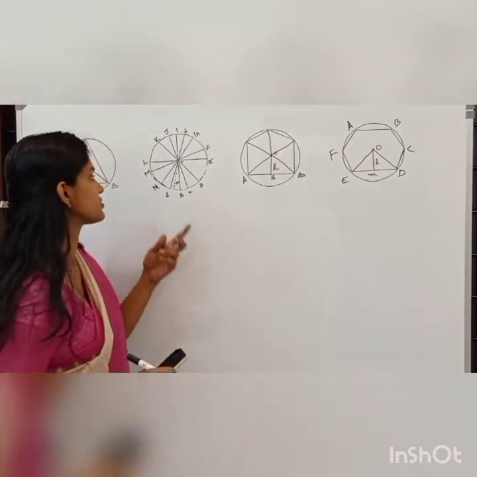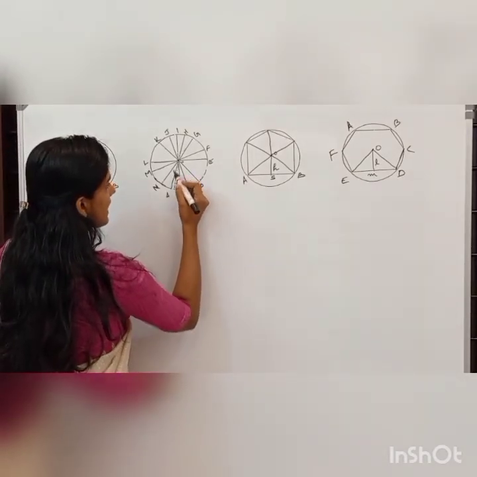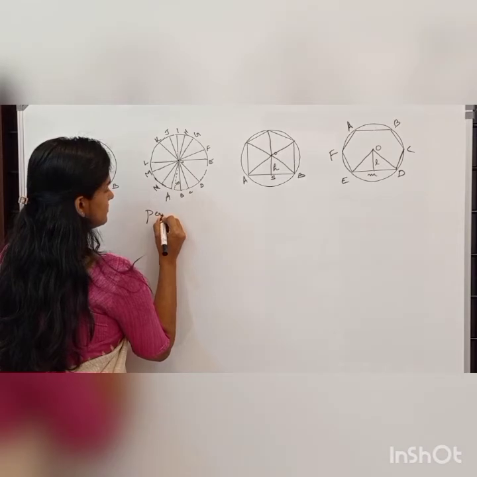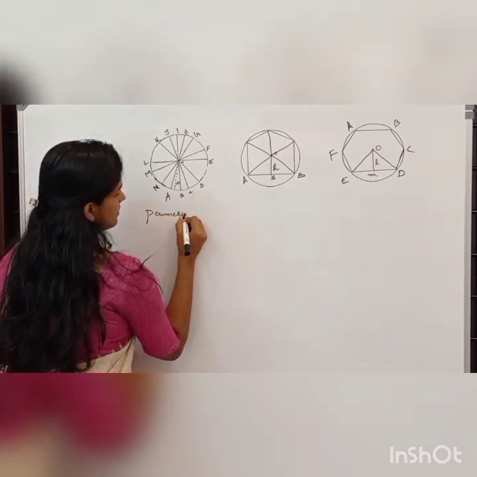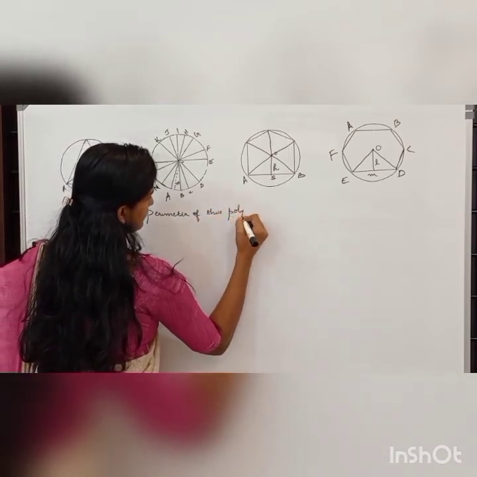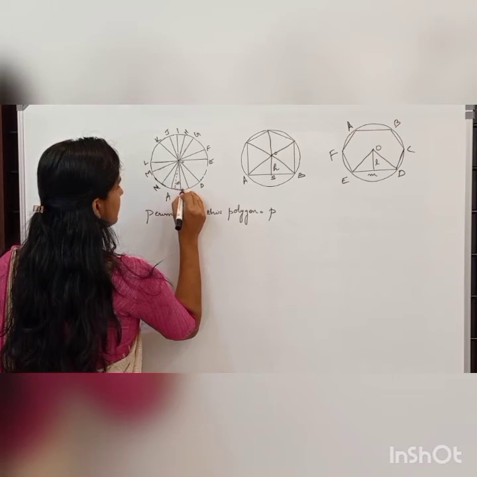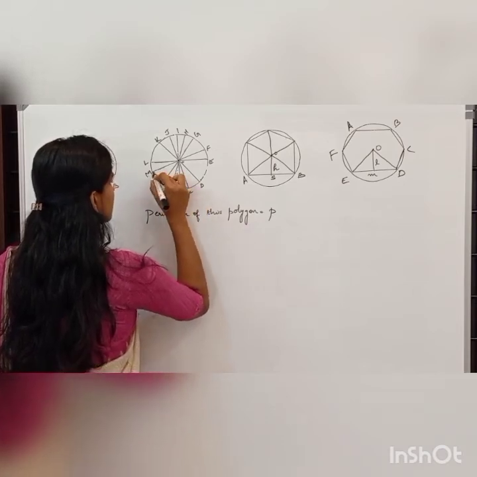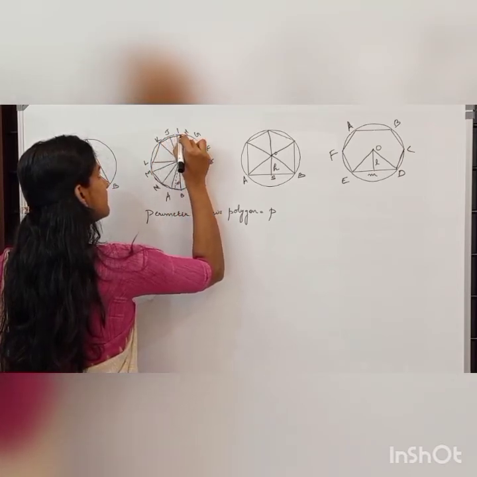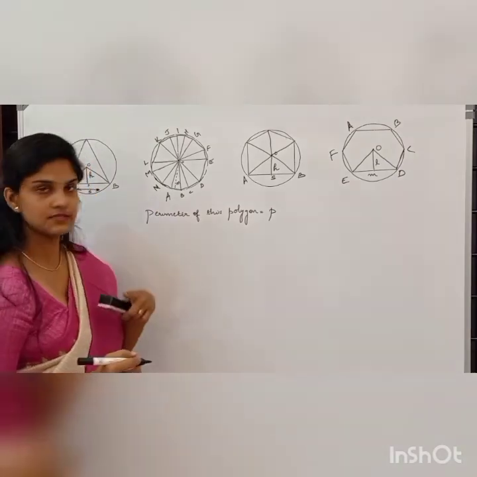Now we are given a picture like this. It is given that the height of this triangle AOB is M and the perimeter of this polygon is given as P. What do we have to find?